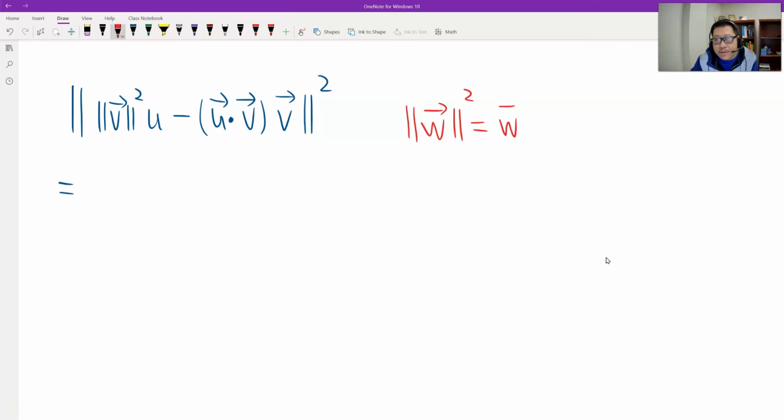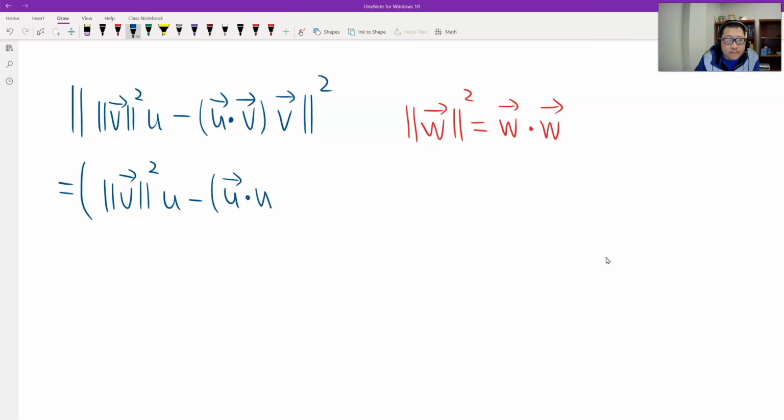We use w dot w, with itself, right? Just use this small result. So w is the bigger term, and we need to do this calculation: the norm of v squared times u minus, oops.